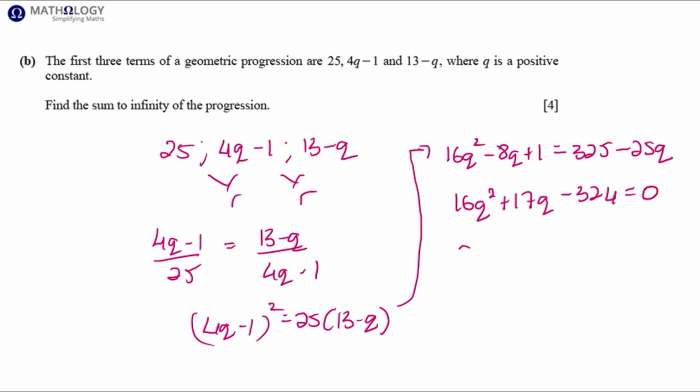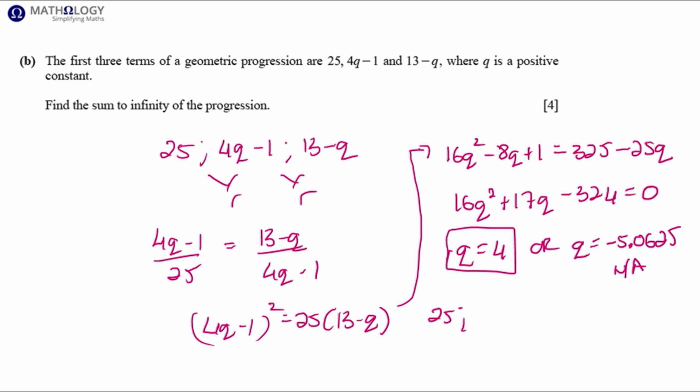Using the quadratic formula, we get q equals 4, or q equals minus 5.0625. Now q is a positive constant, so the negative value will not be applicable. So q equals 4, so the sequence will be 25, 4 times 4 minus 1, 13 minus 4, so the sequence is 25, 15, 9.